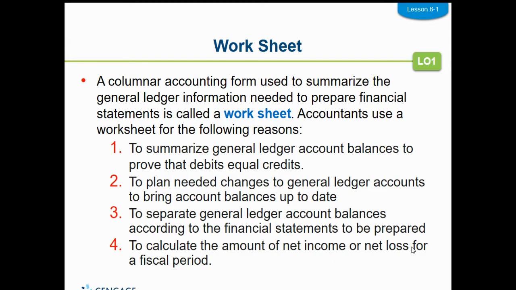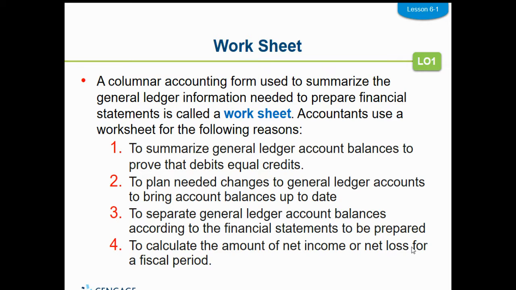The worksheet is basically just a form, looking a lot like a spreadsheet, that accountants use to make decisions. You start out by taking every general ledger account, whether you have a balance or not, and listing it on the page. I'll show you a picture in just a minute. Then you put the balances in and add those columns up, to make sure your debits and credits are equal.